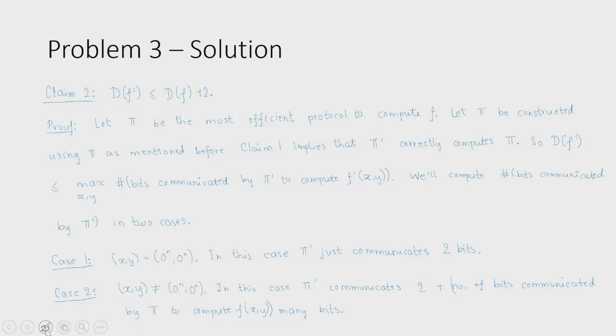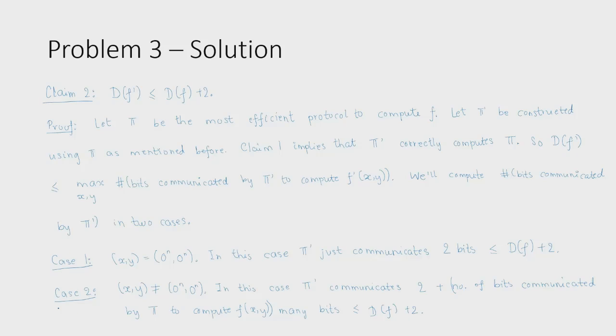So in both of these cases, this is less than or equal to d of f plus 2, right? Over here it's d of f plus 2 because d of f has to be at least 0, it can't be a negative number. And here it's clear why it's d of f plus 2.